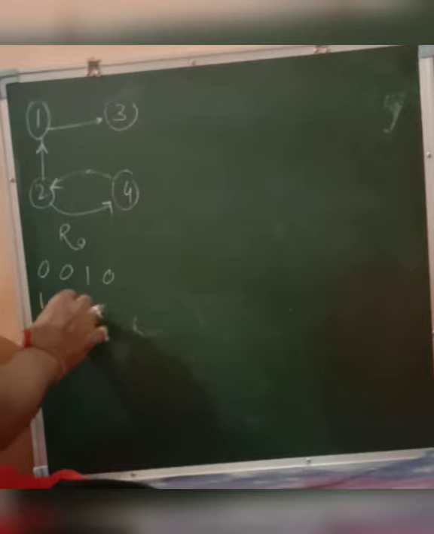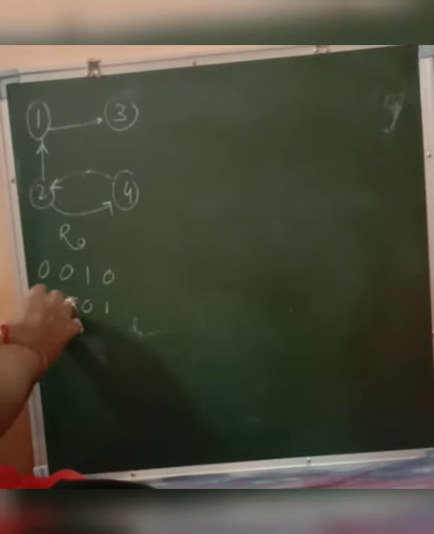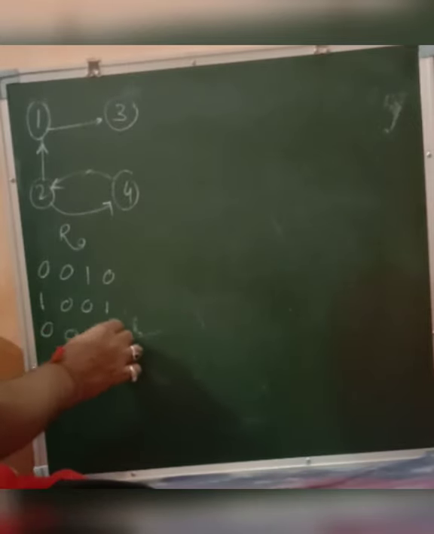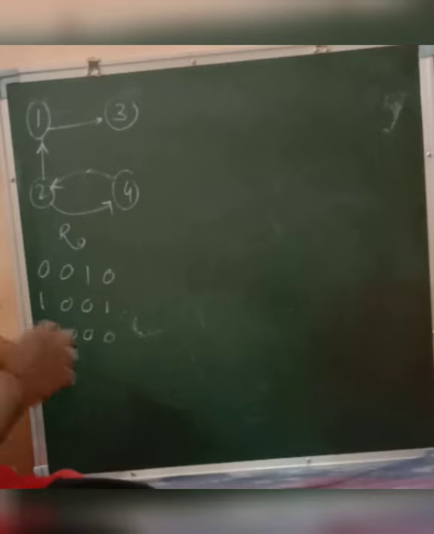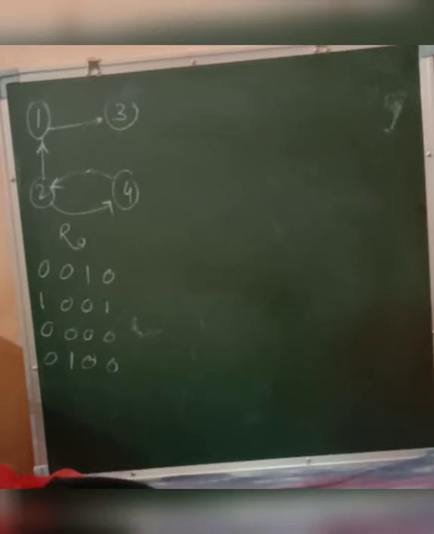Then 1, 0, 0, 1, because 2 is connected to 1 and 4, that's why it is the first and the fourth. And 0, 0, 0, 0, the same example which we took a few minutes ago.